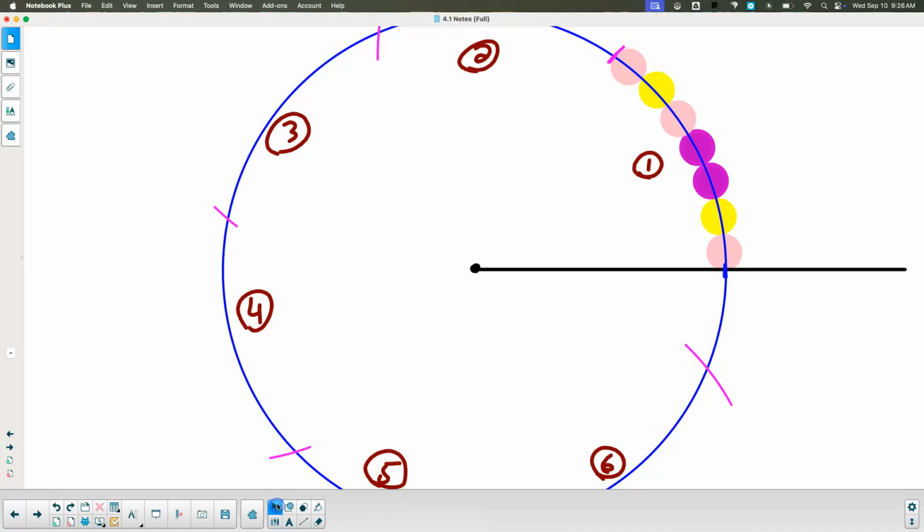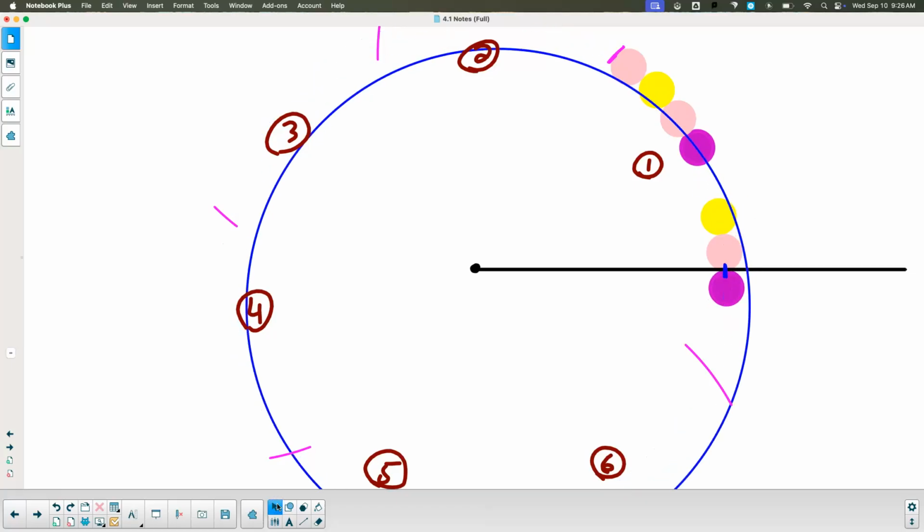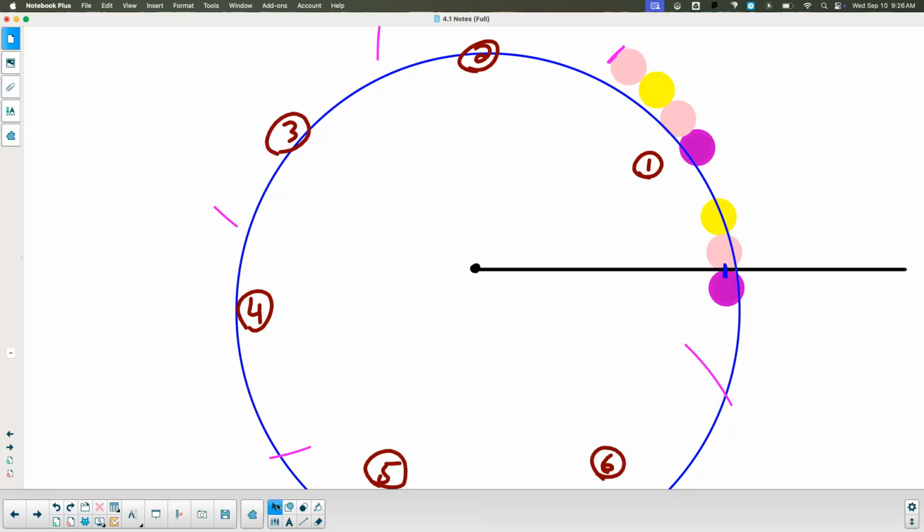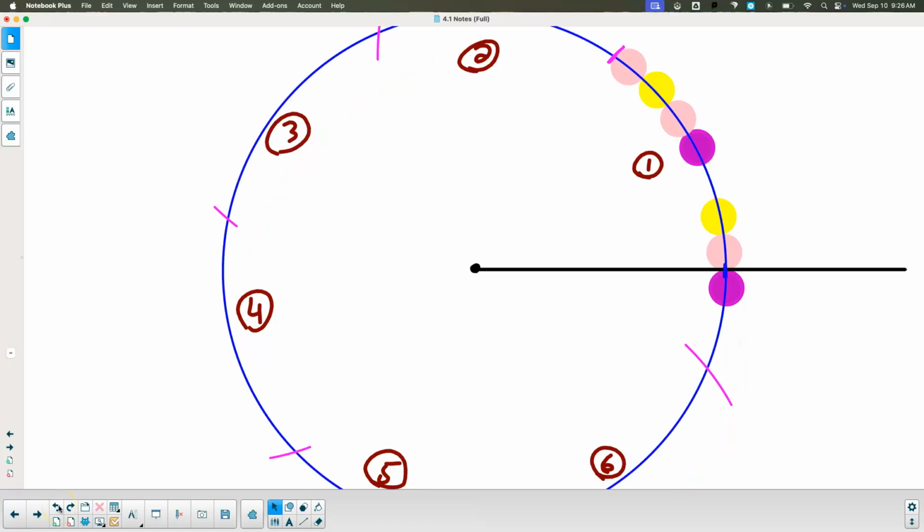And it should be fairly close to, oh, tap the brakes, I grabbed the wrong thing. It should be fairly close. Mine was off by just a little bit. It should be fairly close to 2 extra Smarties in that gap. Okay?